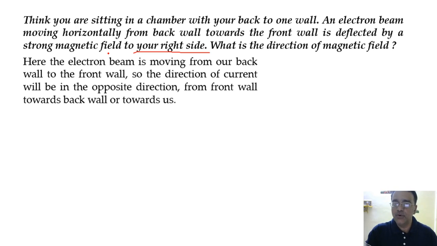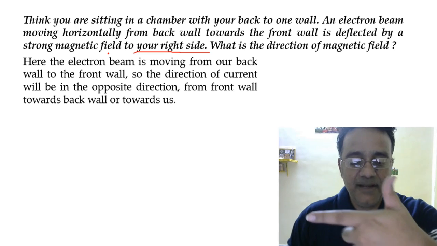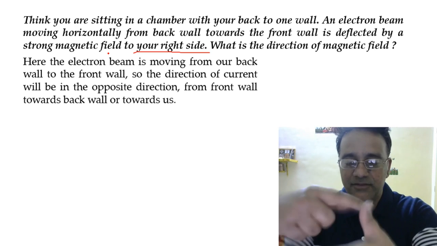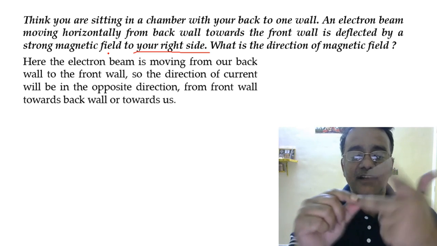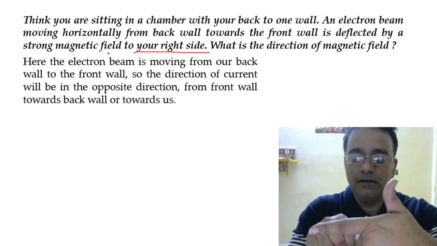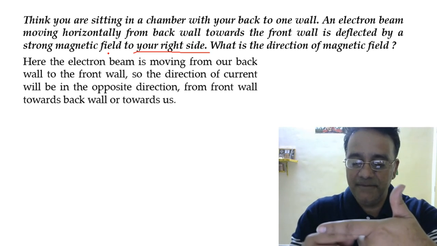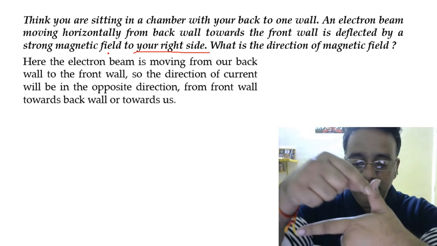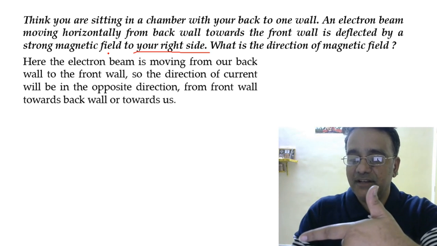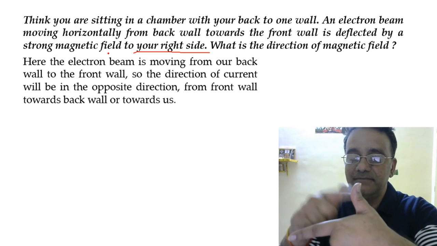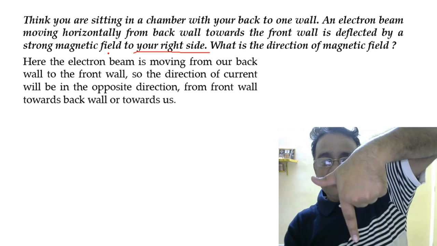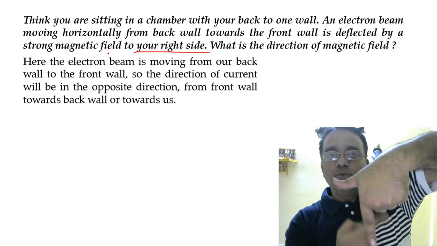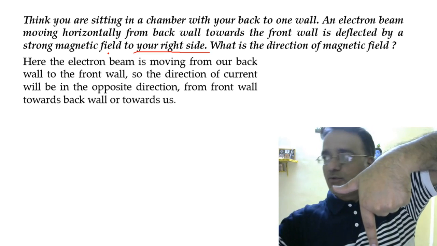Okay, so now let us hold the four fingers, center finger and thumb of our left hand at right angles, that is, all three mutually perpendicular to each other, in such a way that our center finger will be towards us, and the thumb points towards the right side. So how will this be? The center finger should be towards me and the thumb towards the right, so I have to do something like this, right? So the center finger is now towards me and the thumb is now towards the right.